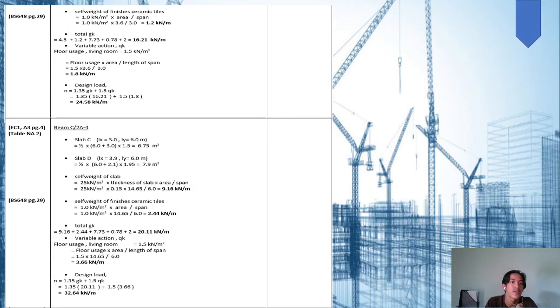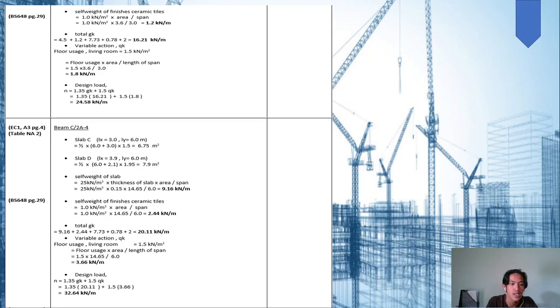And then self weight of finishes ceramic tiles is 1.2, and then the total GK we get 16.21 kilonewton per meter, and then QK 1.5, and then we calculate the design load, and we got 24.58 kilonewton per meter.